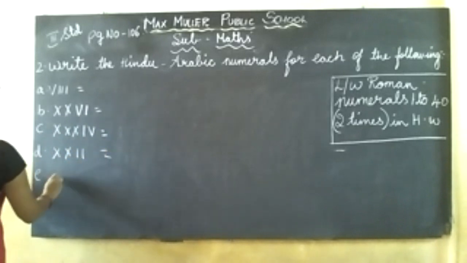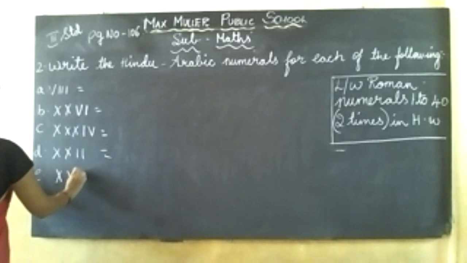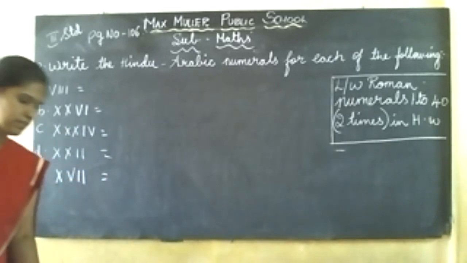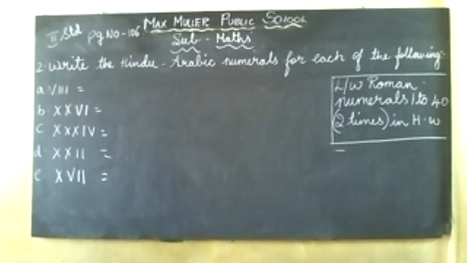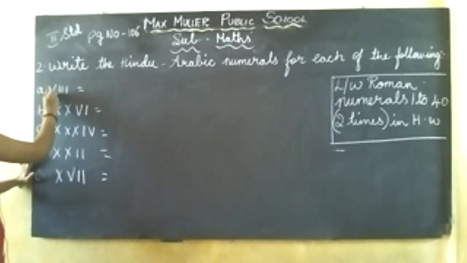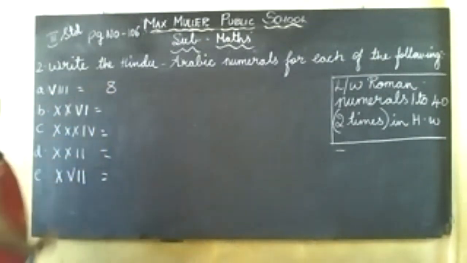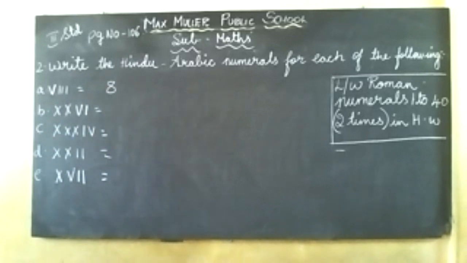Next E, X V, 2 lines. So you can see this one. V, 3 lines. V stands for how much? 5. 5, 6, 7, 8. So write 8. Answer 8.